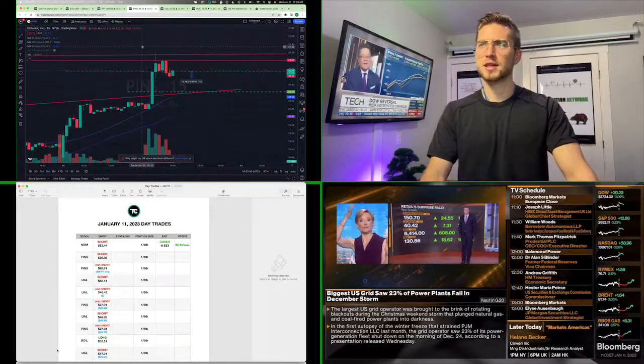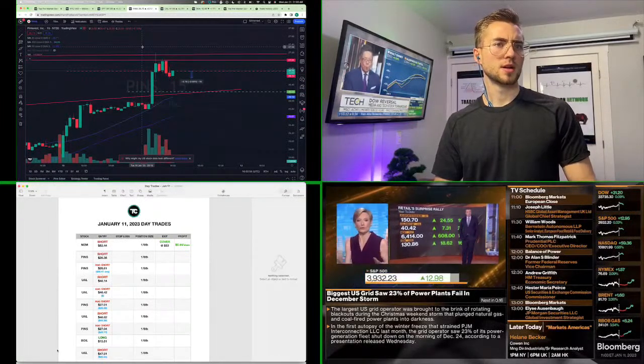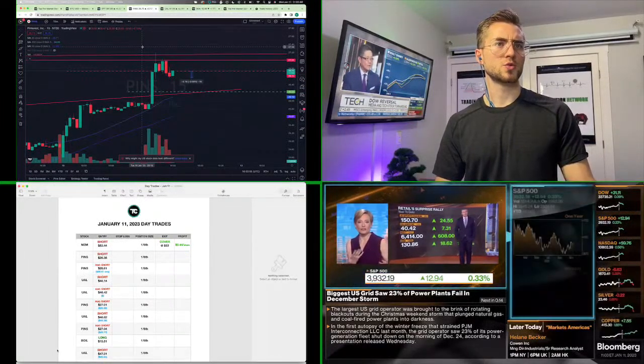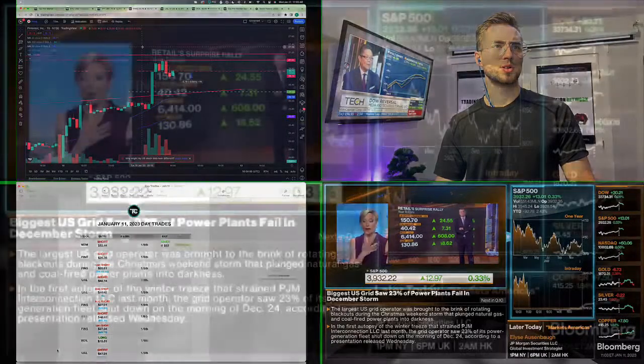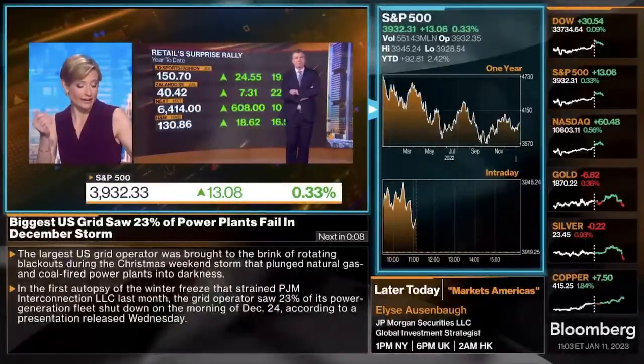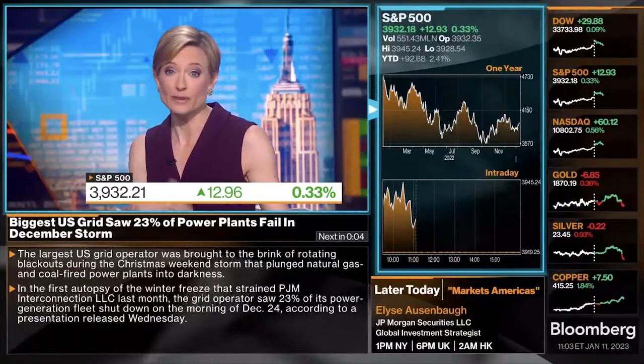Markets are just slightly floating up, so the volume has dried up a little bit. The big question is, will we see some potential weakness into the market close ahead of the CPI? That's potentially a possibility.